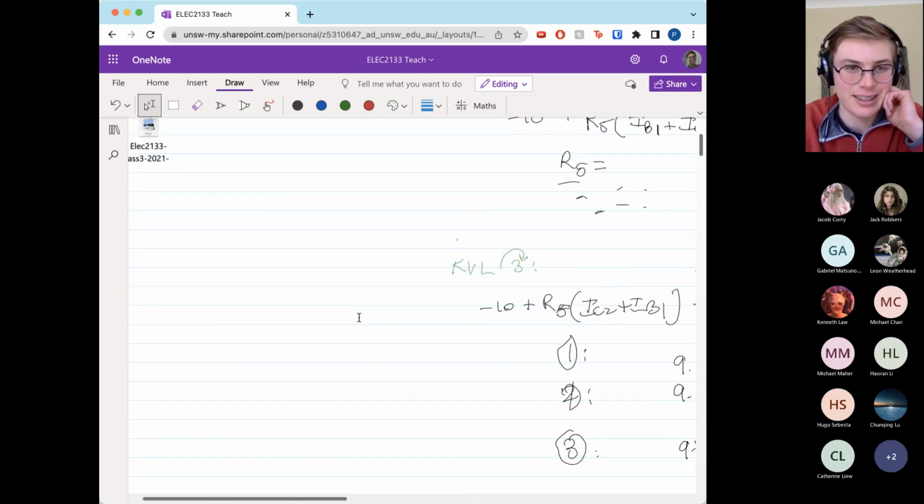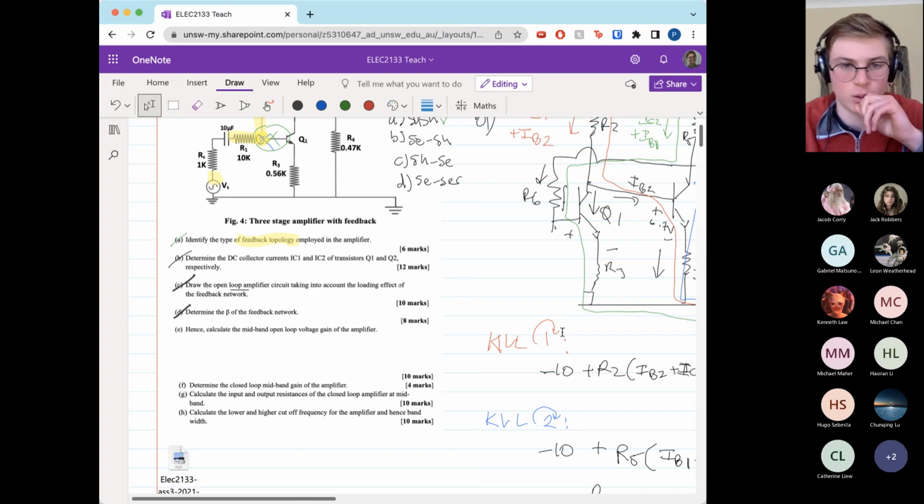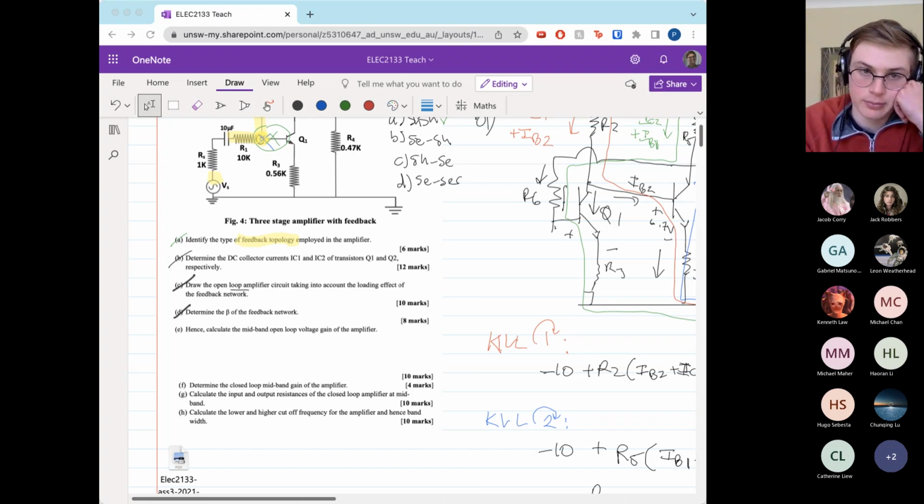We found the beta. Now the mid-band open loop voltage gain. If we want to find a mid-band open loop voltage gain, what equivalent circuit are we going to have to draw? Any takers?